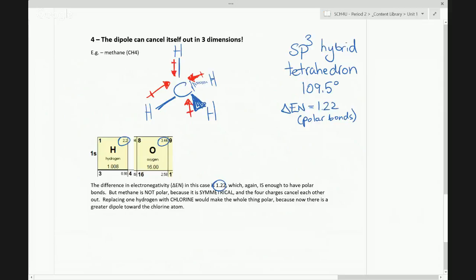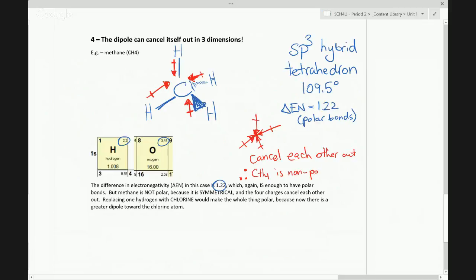So coming from all four directions. And I want to show again that those four dipoles coming at each other like this also serve to cancel each other out. And therefore, CH4 is nonpolar.